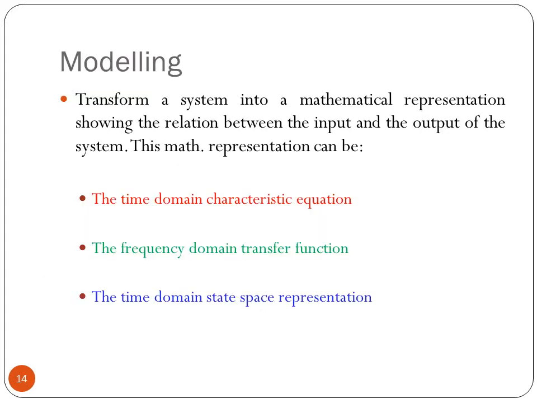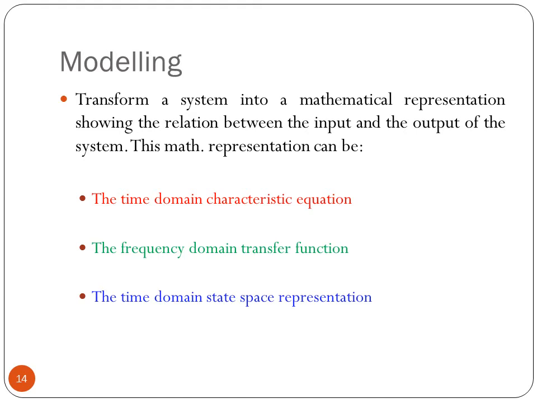Okay, after representing the transfer function, we'll go through the modeling phase. In the modeling phase, we can model a system, representing the output function of the input, in three different ways: the time domain characteristic equation, which we know well from high school. For example, for the pendulum, it is theta double dot plus tan theta of t equals 3 u of t.